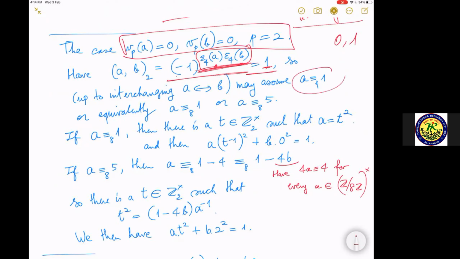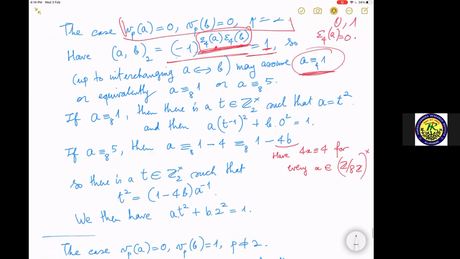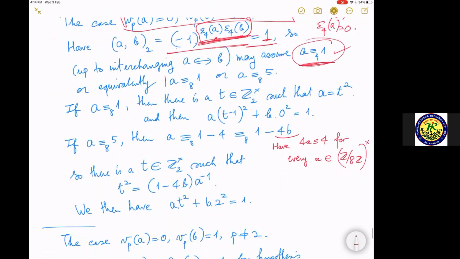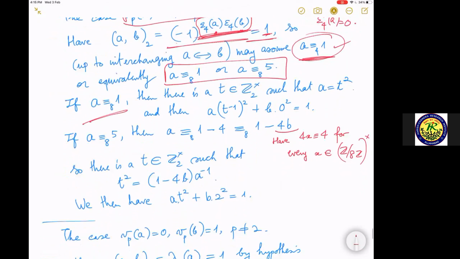So let's assume that a is the one which is 0, which amounts to saying that epsilon 4 of a is equal to 0. So that means that a is congruent to 1 modulo 4. Or equivalently, that a is congruent to 1 modulo 8 or 5 modulo 8. If a is congruent to 1 modulo 8, then of course a is a square in Z2.